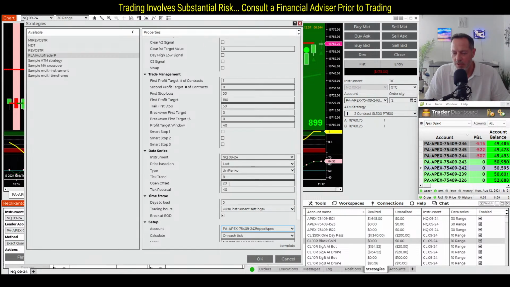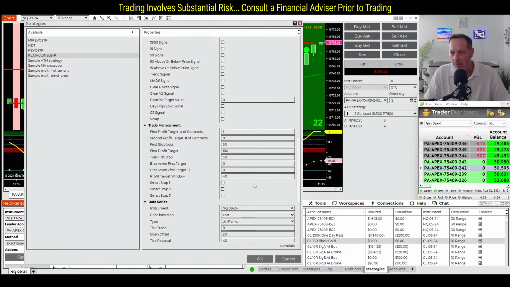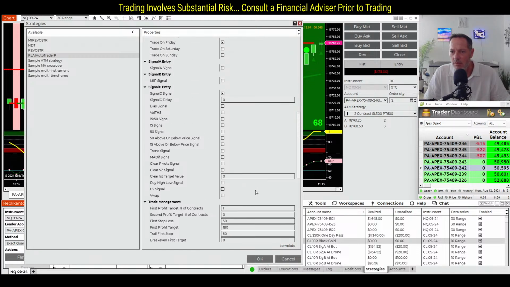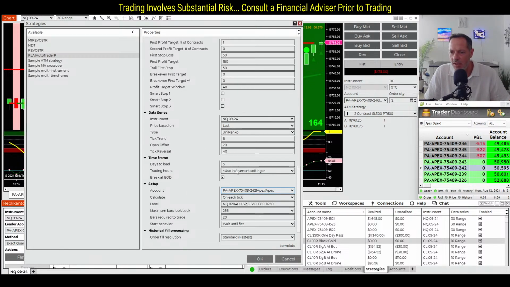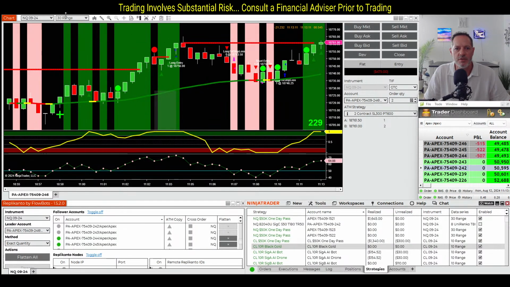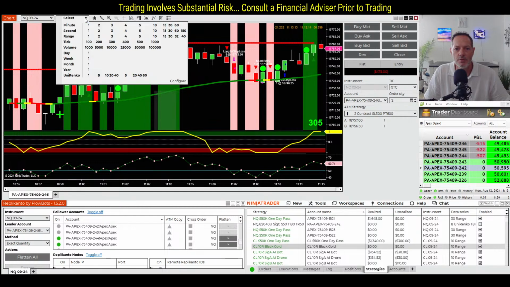Really works on a Unorenko chart. So we can kind of look at it there, or get this one set up on a 82040U. 242, 82040U.